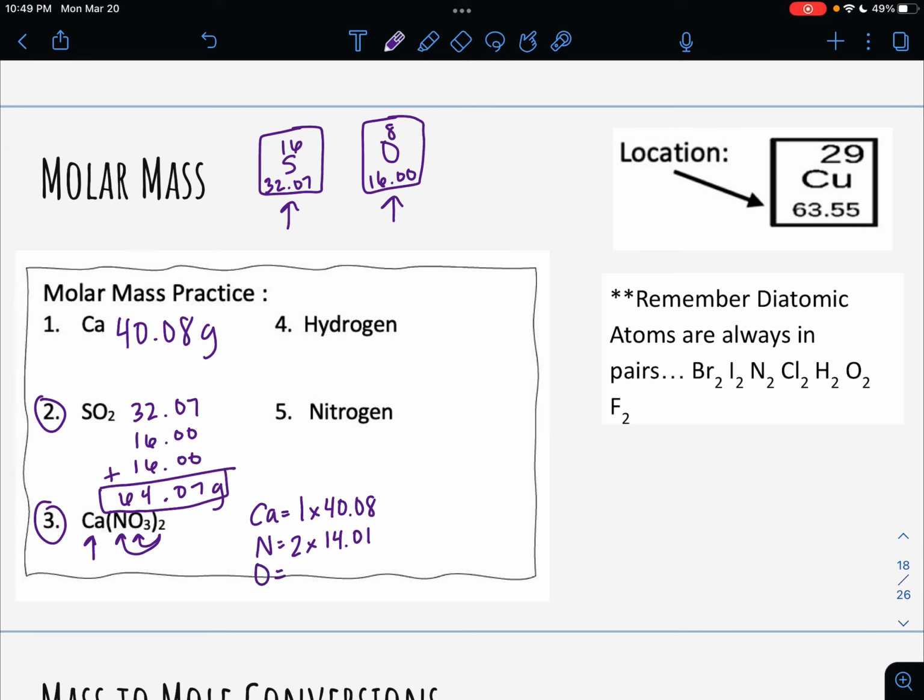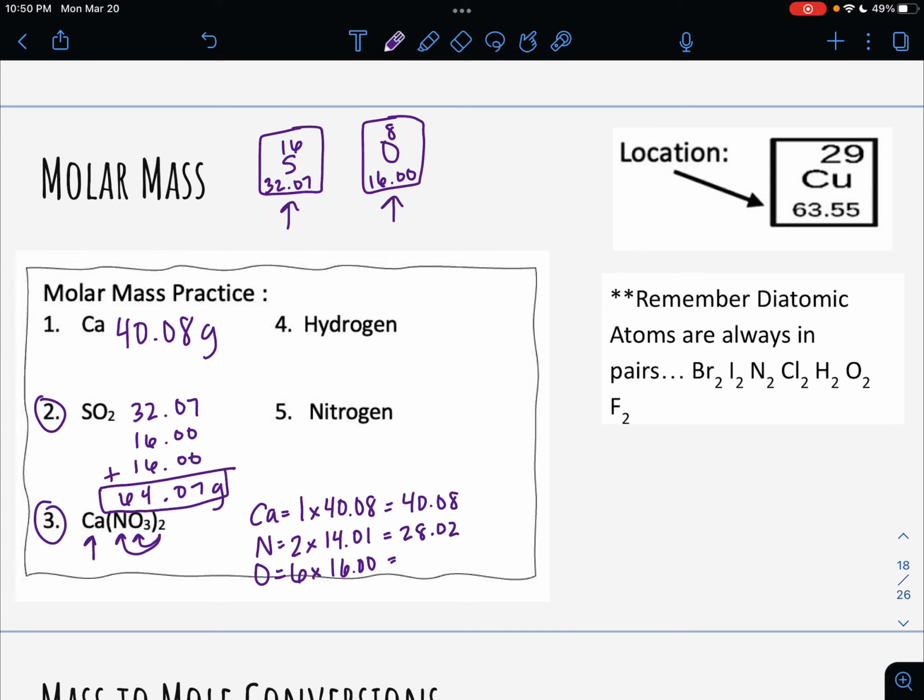And then for our oxygen, we have 2 times 3, so that's 6 total. And each oxygen is 16 grams. This is me writing out all of this.